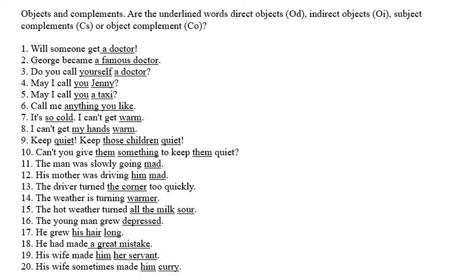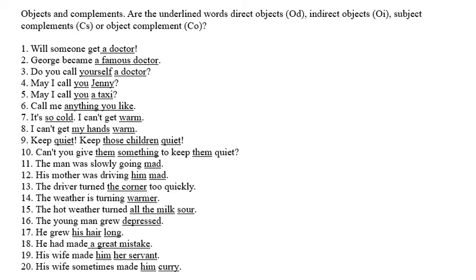So call in this meaning usually takes an object, but it will usually also provoke an object complement. So yourself is a direct object, and a doctor is an object complement. Okay, it's a description of the yourself. Okay, we'll see also how call works in the next two, right?